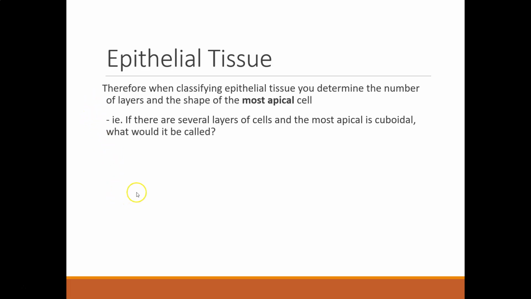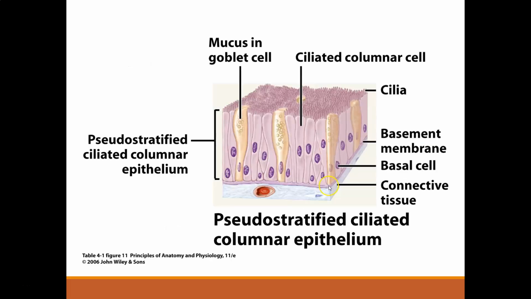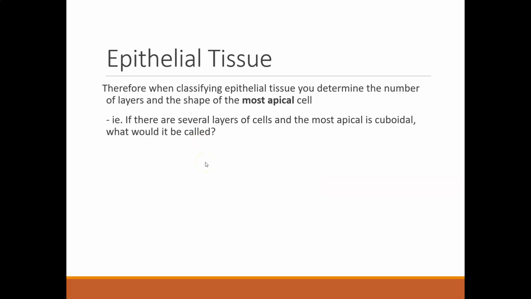So when we talk about, back here, simple epithelium and stratified epithelium, we remember that simple epithelium represents just a single layer of cells, and that stratified epithelium represents a number of layers of cells. Therefore, when we classify an epithelial tissue, you determine how many layers it has, simple versus stratified, and it's then named for the shape of its most apical cell. So we classify it.